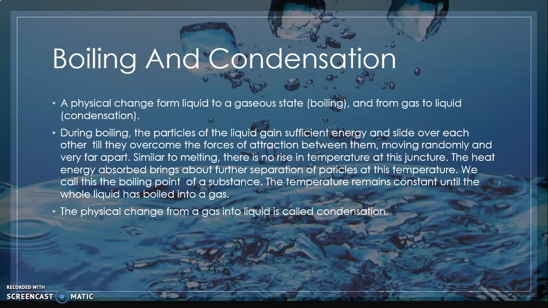Condensation occurs up in the atmosphere. You know why? The water vapor which evaporates from the Earth's surface and goes into the air, in the higher sky, it is very cold, right?